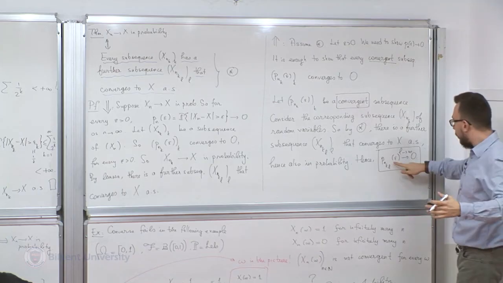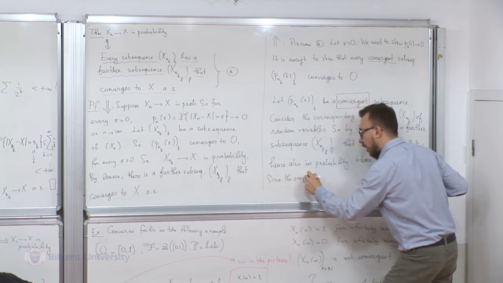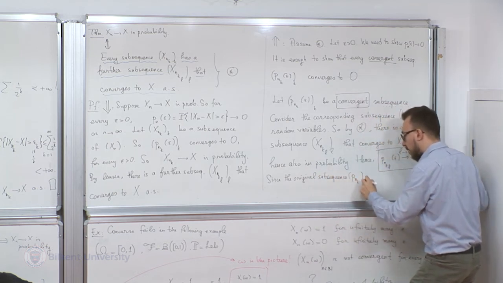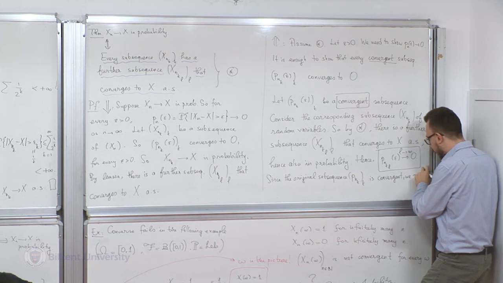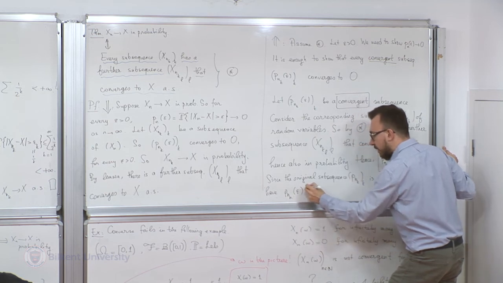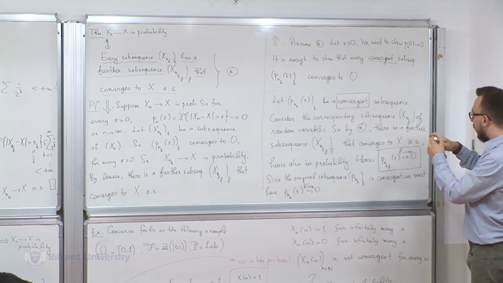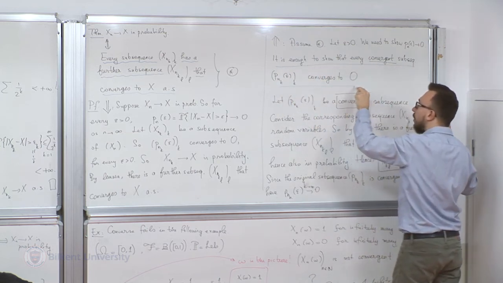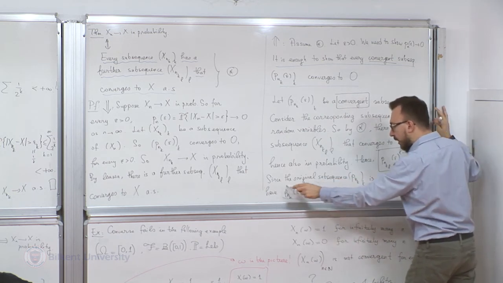So since the limit of the subsequence is 0, and the original subsequence p_nk is convergent, we must have that p_nk goes to 0 as k goes to infinity. And this is exactly what we wanted to show. It is enough to show that every convergent subsequence converges to 0, and this subsequence converges to 0, so we're done.